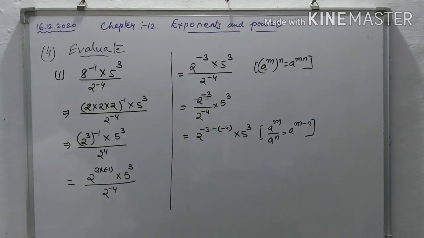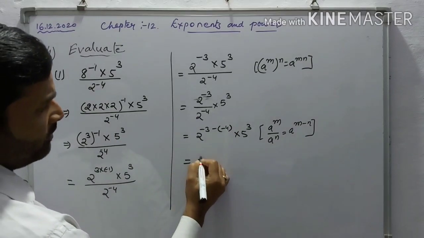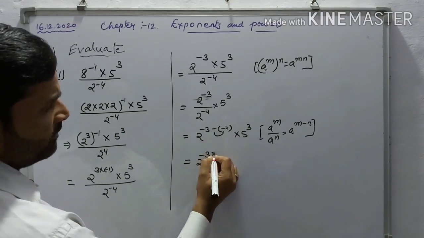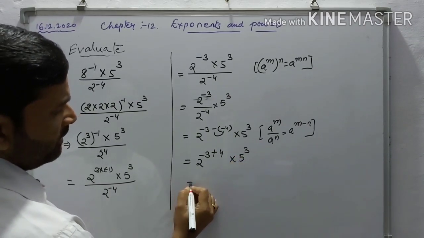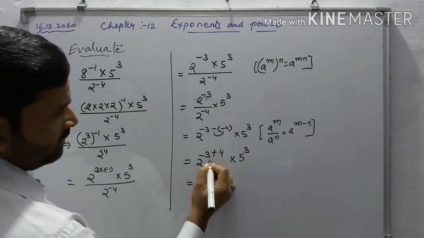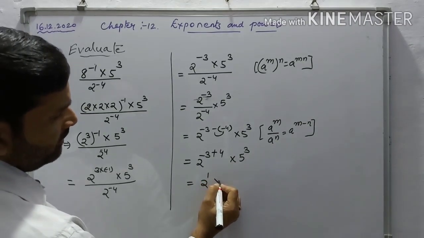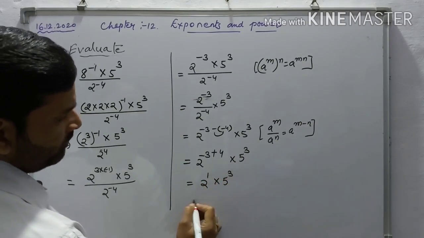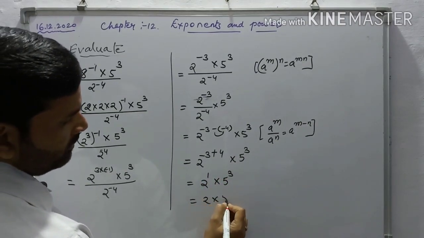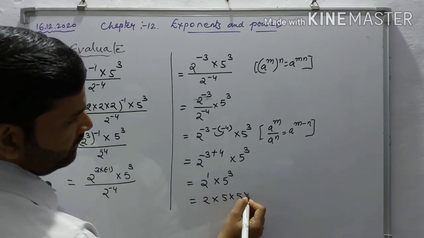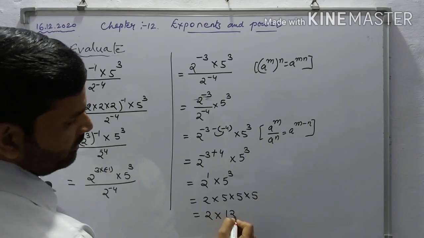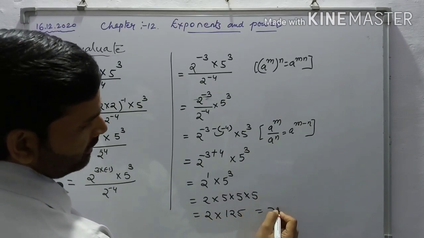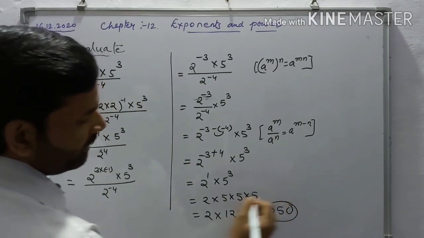So 2 to the power -3 plus 4 into 5 to the power 3 is 2 to the power 1 into 5 to the power 3, that is 2 into 5 into 5 into 5, that means 2 times 125 is equal to 250. That is the answer.